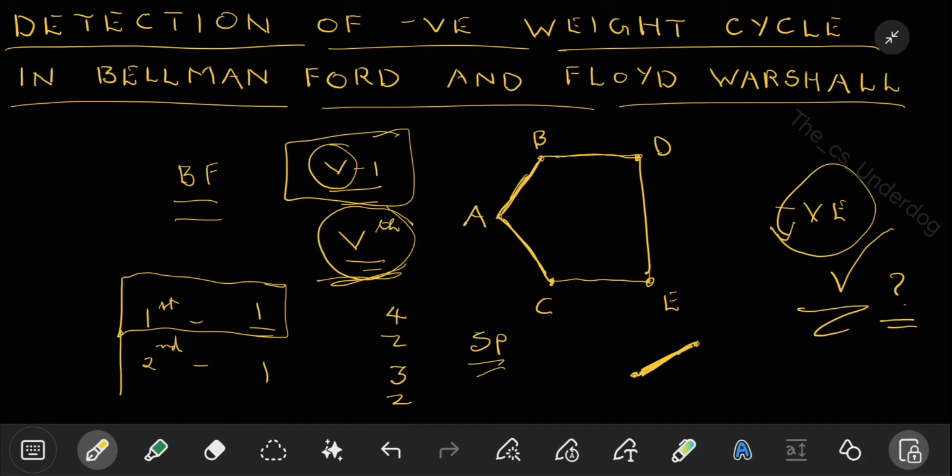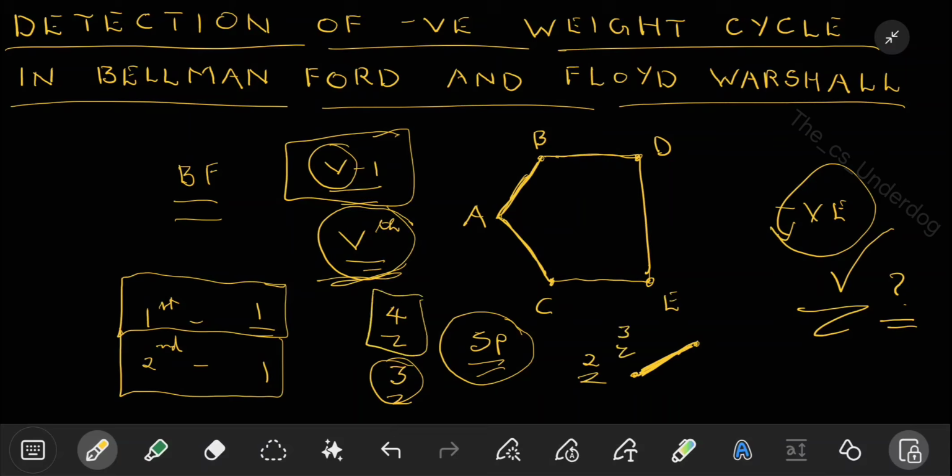After that, when you do the second iteration, you are finding all the possible shortest paths which use at max 2 edges. When you do it for the third time, you are finding all the shortest paths which use at max 3 edges.